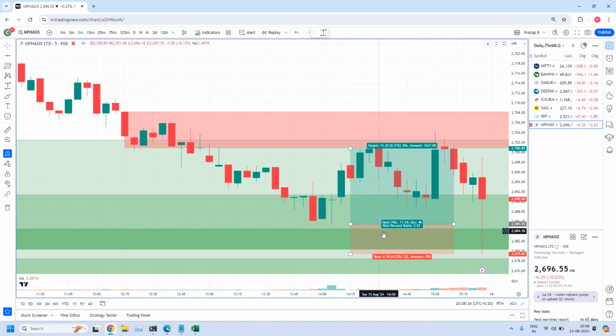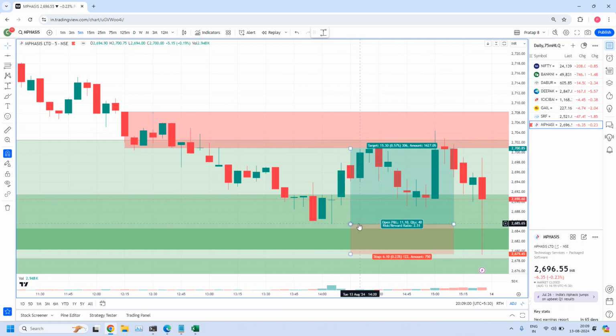And some experienced people, even if they accept a 2.5 RR, for them it could be a trade, not for us. Please remember, it is not a trade for us. They would have got a trade in this 2 o'clock 5 minutes candle. Exactly at 2 o'clock 5 minutes, we also got a trade in DABUR, a successful trade, and good RR is also there in that stock.